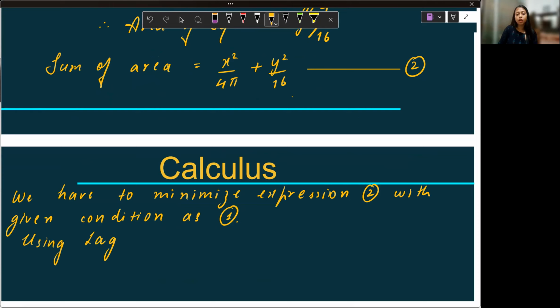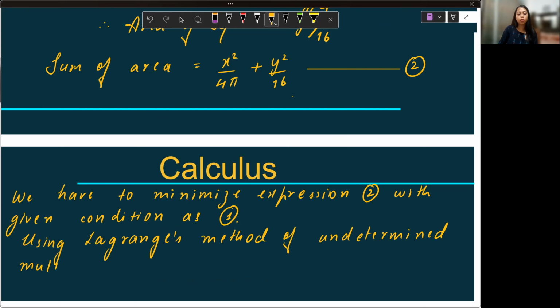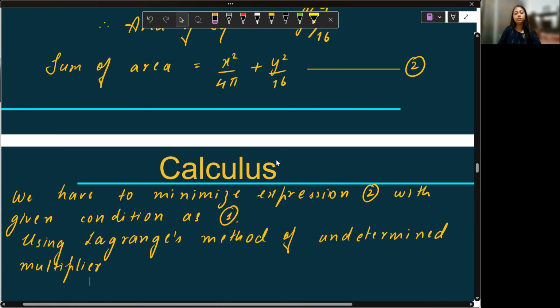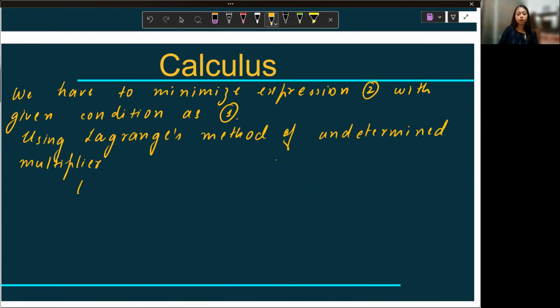Using Lagrange's method of undetermined multipliers. Let f be a function of x, y, and lambda.